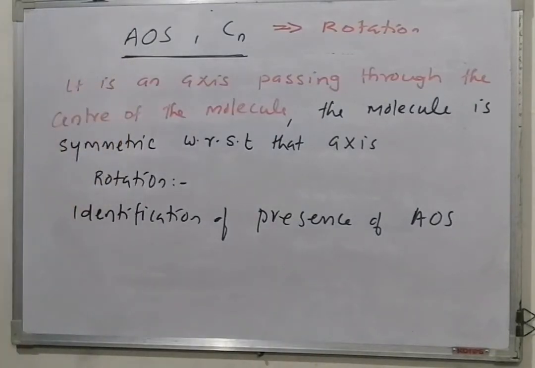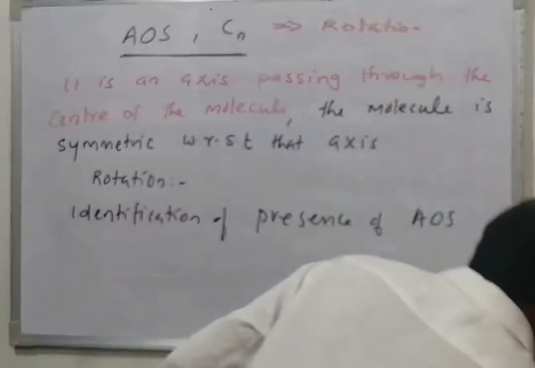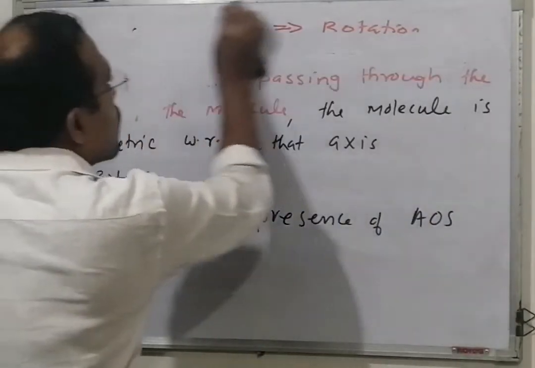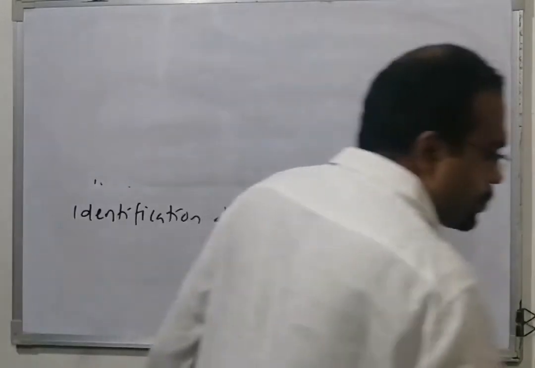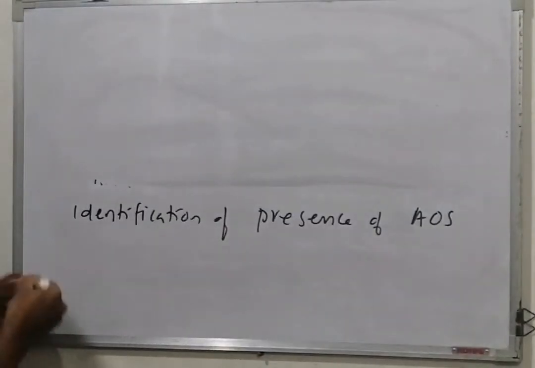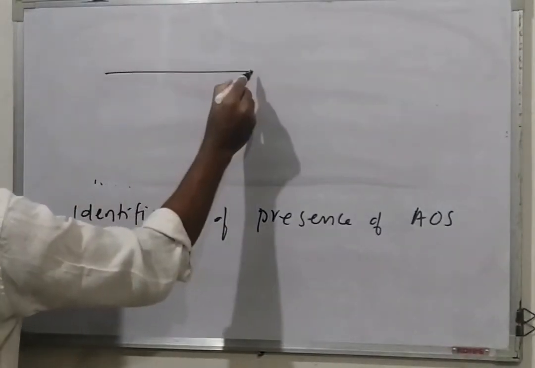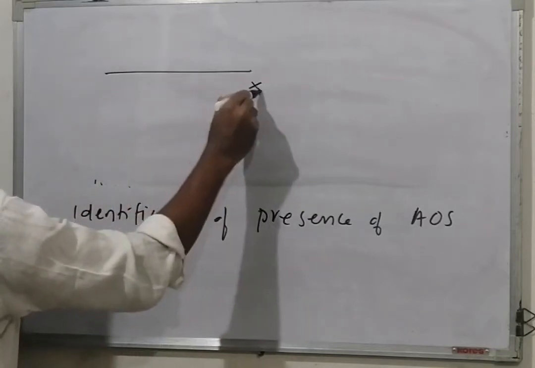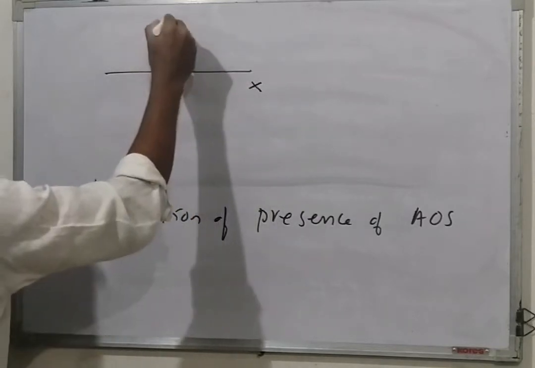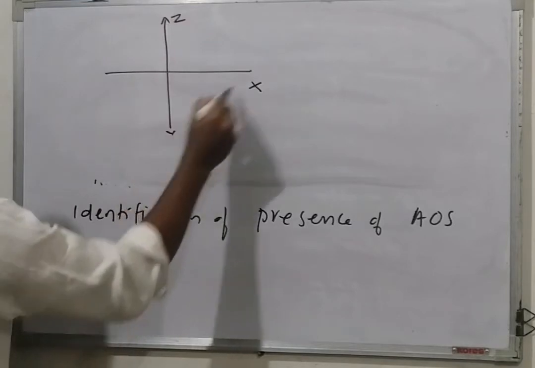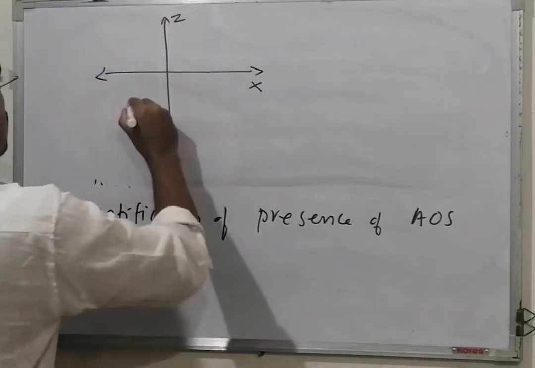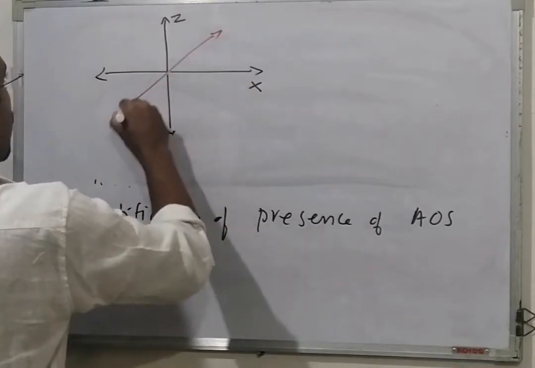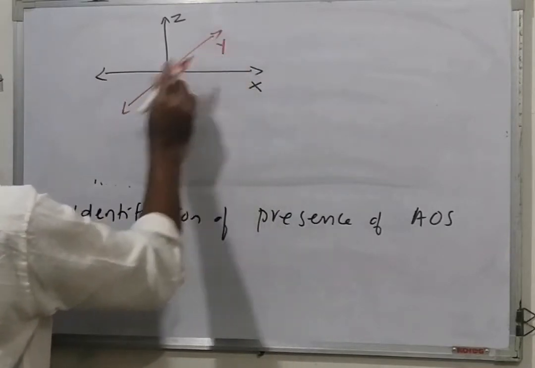Normally, we have three axes: x-axis, z-axis, and y-axis.